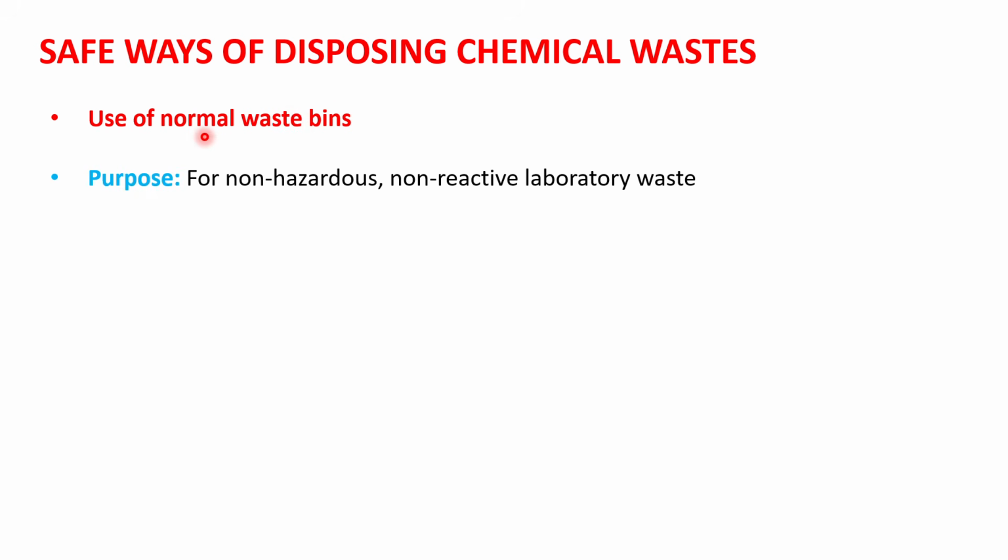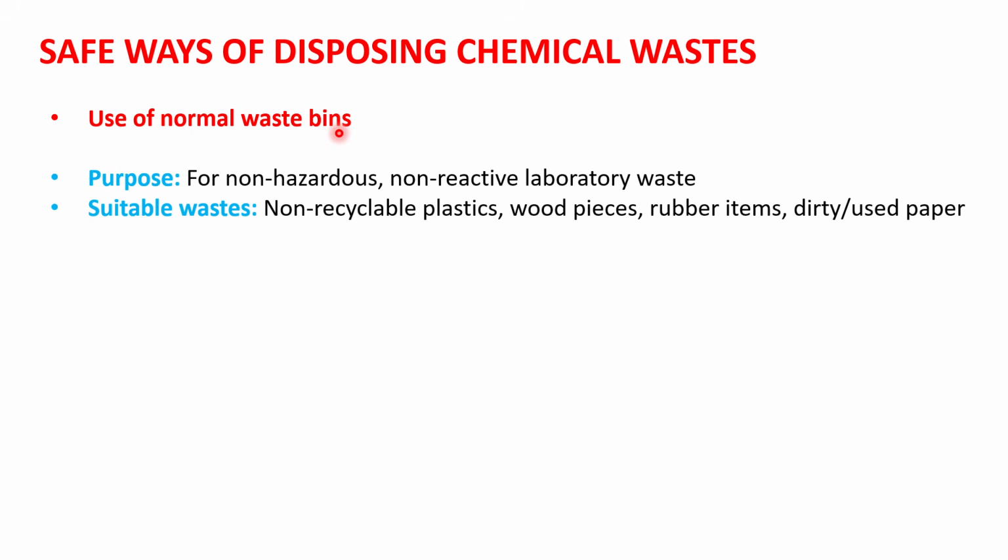The purpose of using normal waste bins is to dispose of non-hazardous, non-reactive laboratory waste such as papers, paper tissues, and others. So we use normal waste bins for non-hazardous waste, the wastes that are not fatal, that are not dangerous.